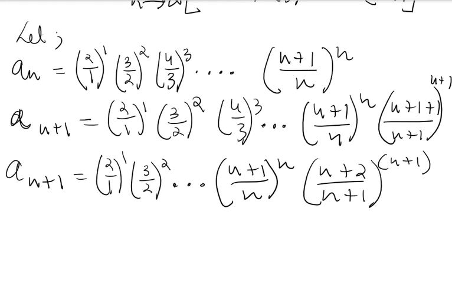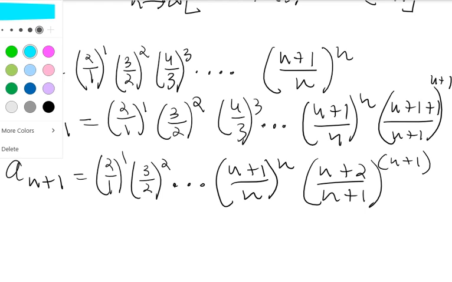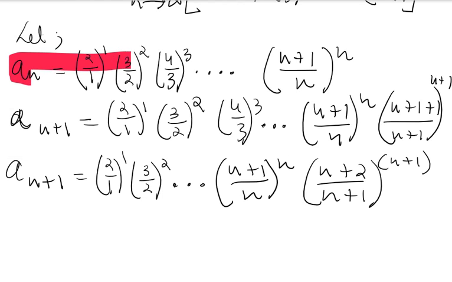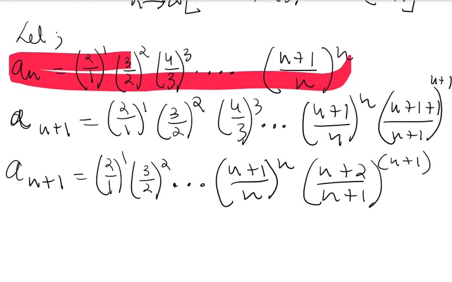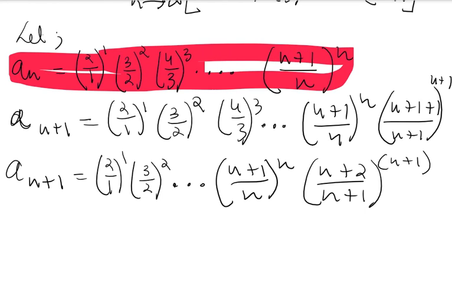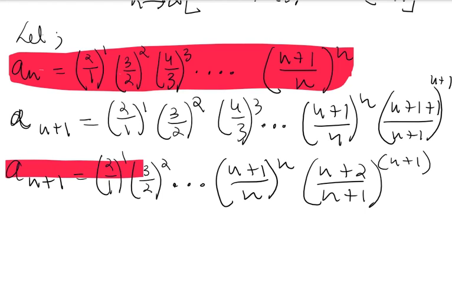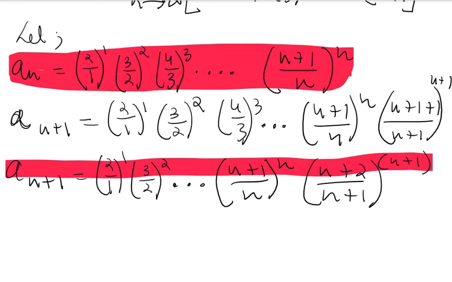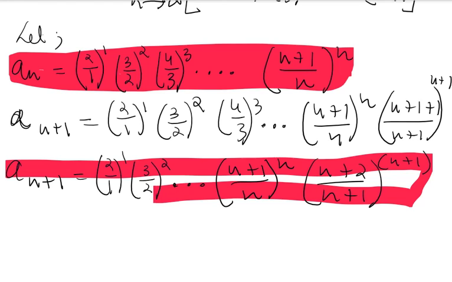Now what we need to do is, let me use a little color here. This a n will be the denominator, and a n plus 1 will be the numerator.